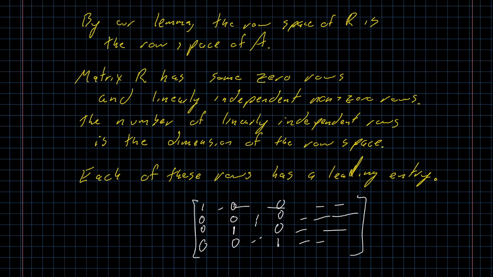All right, so in this particular case, I set this up so that my matrix has 3 non-zero rows and 3 leading 1s.